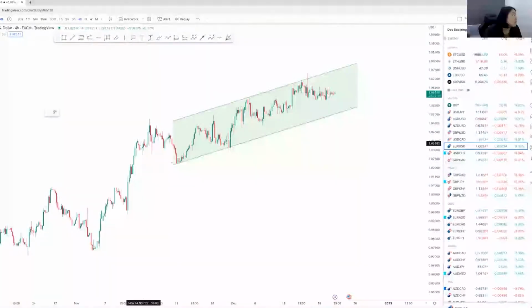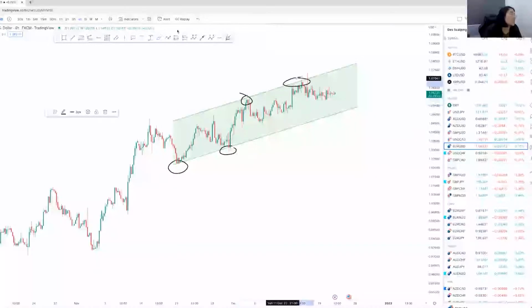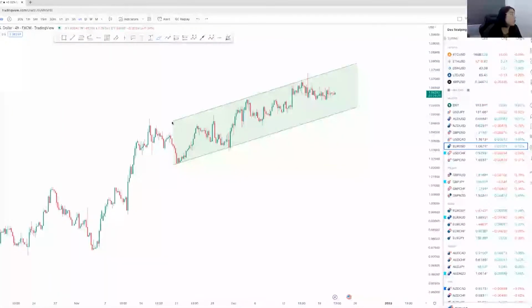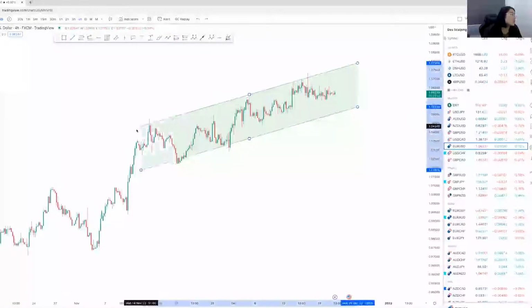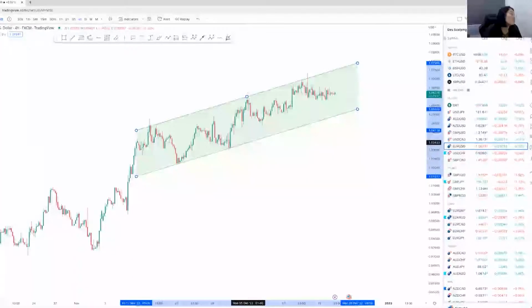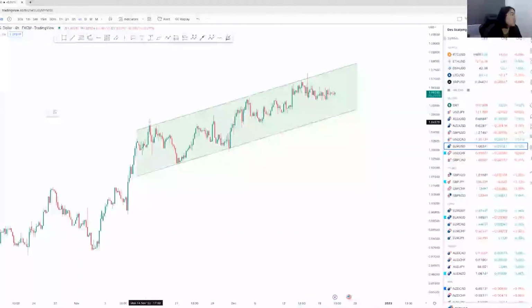This channel has two touches at the bottom and two touches on top, making it a valid channel. Remember, it just has to have two on top, two at the bottom. Even if we pull it out a little, it will have three touches. See, this one barely touched, but that's okay. It's really how you adjust it.